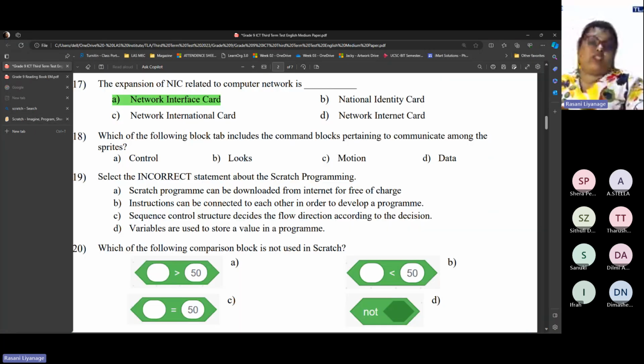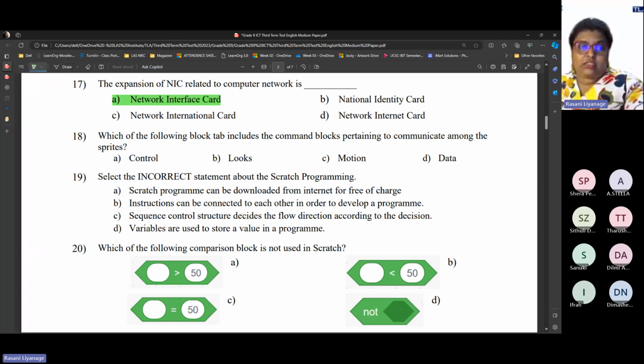Command blocks pertaining to communicate among the sprites. Yes, the most suitable would be control, because when you have a sprite, it's not just dealing with the look or not just dealing with the motion. Instead, it is defining how the values should be changed, how long does it have to run, so they are communicating among themselves. That is control.